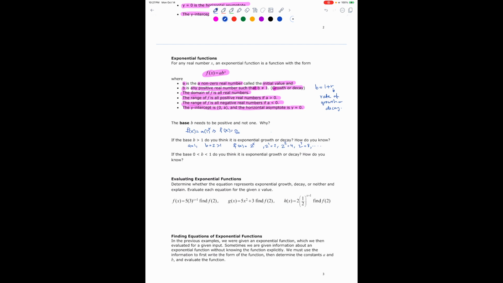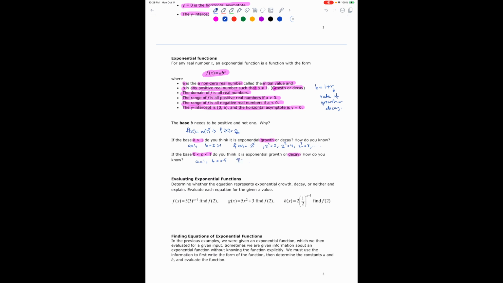And then if b is less than 1 but positive, greater than 0, in that case, so this is a growth if b is bigger than 1. If b is bigger than 0 but less than 1, in this case it's going to be a decay. I know that because let's assume that b is equal to 1/2. So a is equal to 1 and b is equal to 0.5.